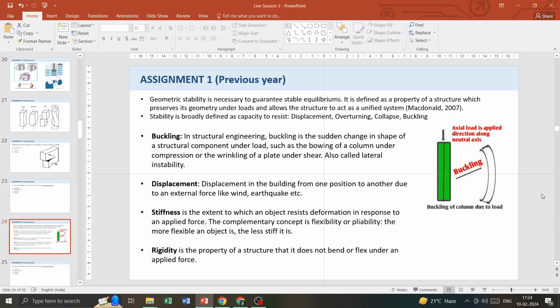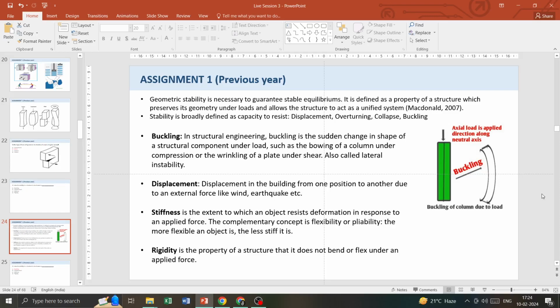In terms of geometric stability, it can be explained as the building displacing from its point. For example, because of wind we have forces on the building, and we know that structures tend to move a little, even if only a few millimeters or centimeters. That is displacement of the building from its position because of the forces applied on it.